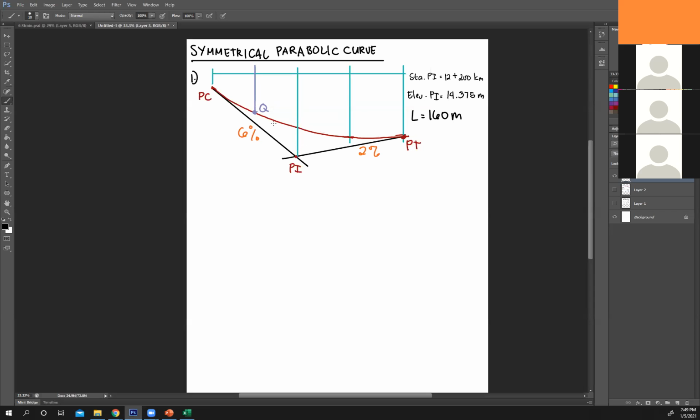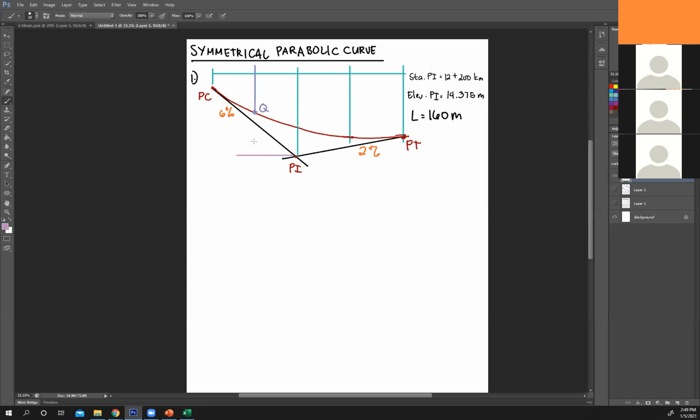So PI, let me just draw this smaller. So this is your elevation of PI, right, on this line.